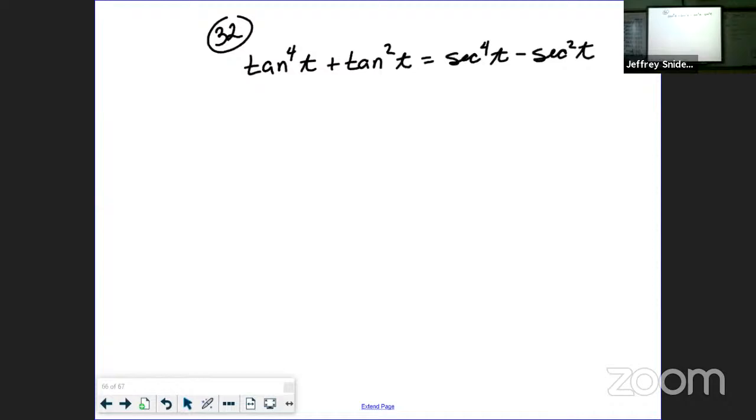I got secant 3t minus secant. I'm like one exponent. One time, one plus secant. Can I do that? Yeah. Why not? You can't do that, because what if you were distributing, taking it away instead of adding?